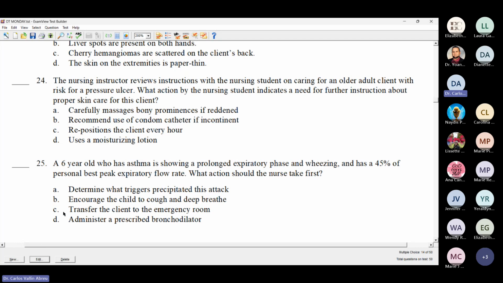Meanwhile, second, I transfer the client to the ER or call 911 to be transferred to the ER. So the answer to this question should be D as in David. The first thing I do is administer the albuterol because it can improve the client and give me the time to transfer the client to the ER, which is second.